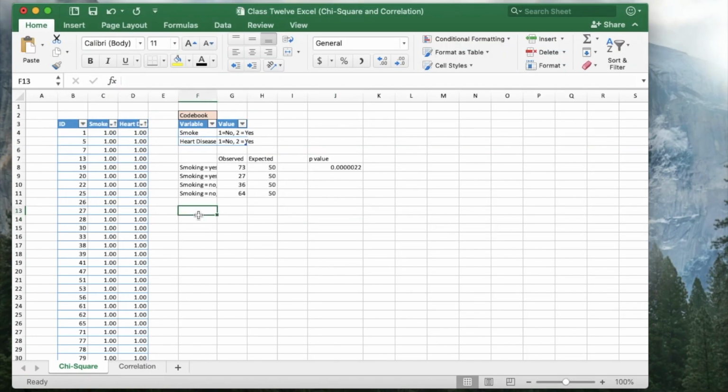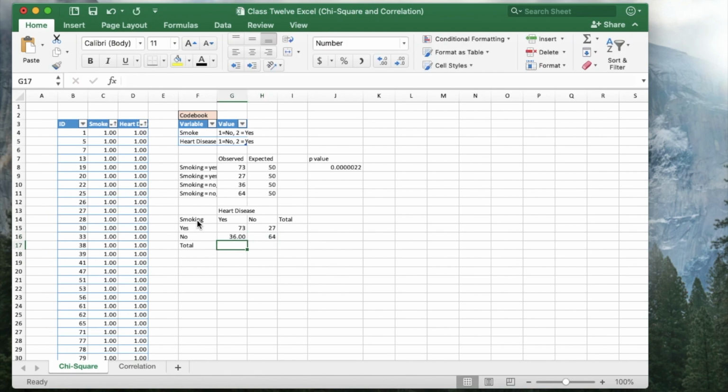So first what we do is we create that 2x2 contingency table for smoking, yes and no, and then total. And then for our columns, we'd have heart disease, yes, no, and total. And then here we're just putting in the same counts that we have in our observed column there, 36 and 64.